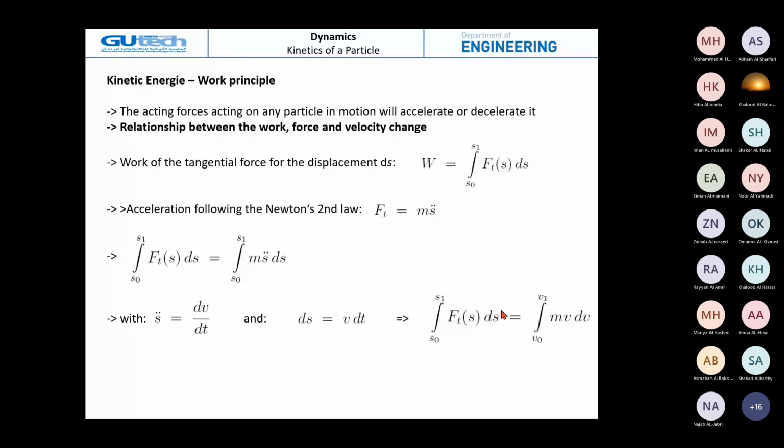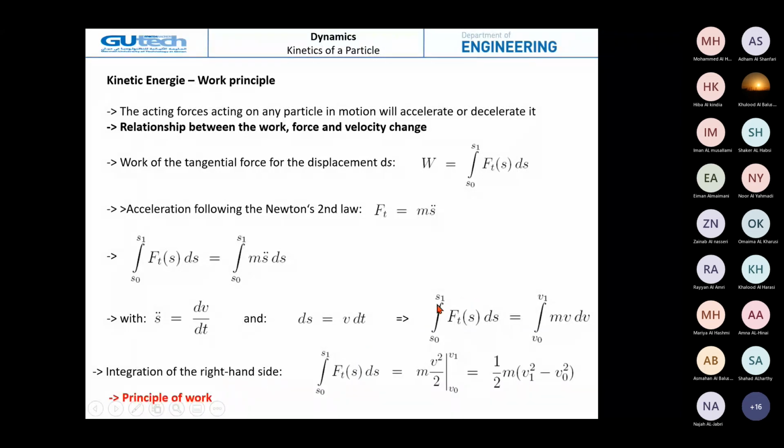Then, what we get is the integration of the right hand side, Ft. If we integrate m v dv, m is constant, so we take it out of the integral. Then v dv has the same variable, the velocity in our case, so it gives half of m, the actual velocity v1 squared minus the initial velocity squared.